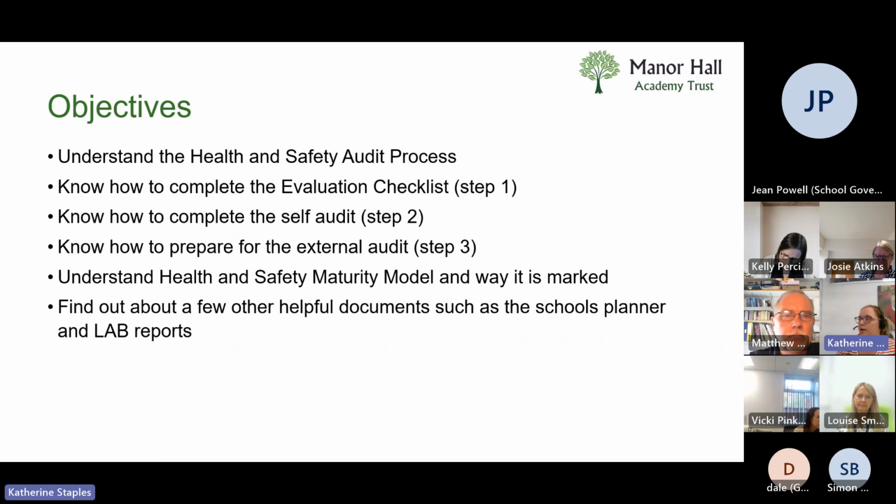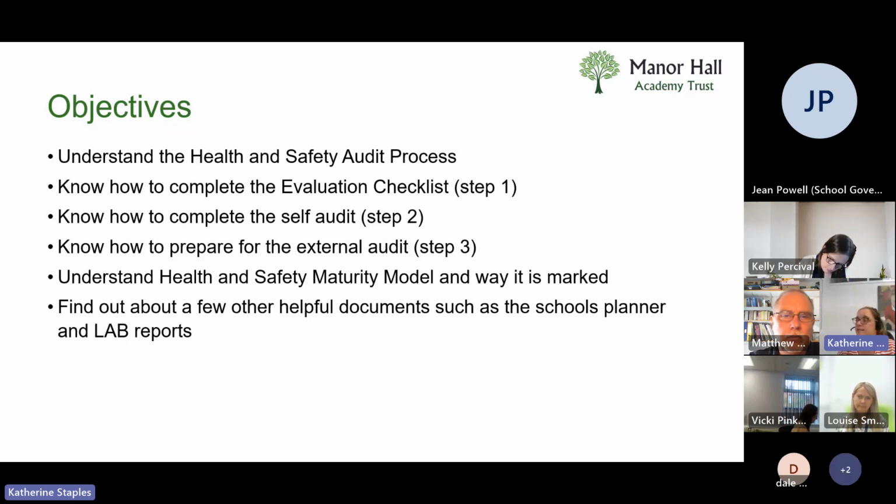Okay, so there are three parts to this. First one's the evaluation checklist, which we're going to look at, and then the self-audit, and then finally, a little bit more complex, is the external audit, which gives your school a score and then an action plan to work from. And as part of that, this presentation will allow you to understand the health and safety maturity model.